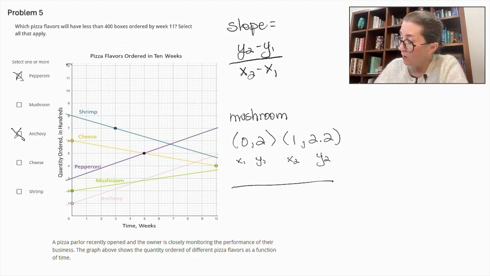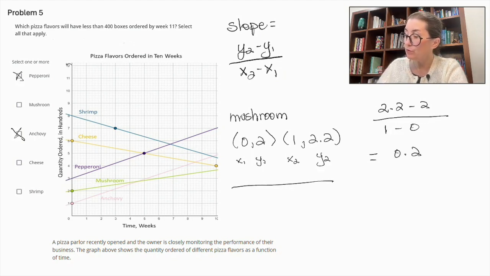So we've got y2 as 2.2 and y1 as 2 over 1 minus 0, and that is equal to 0.2 over 1, which is equal to 0.2. So this is the slope for mushroom.